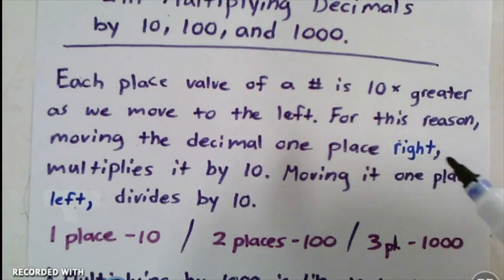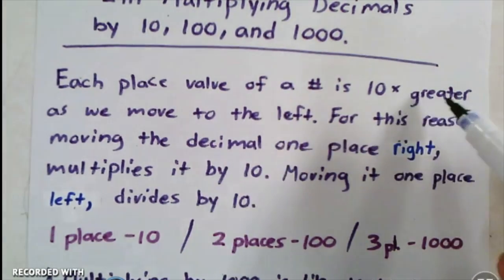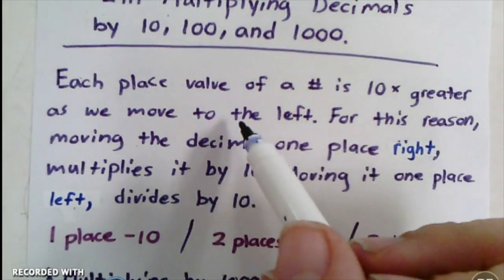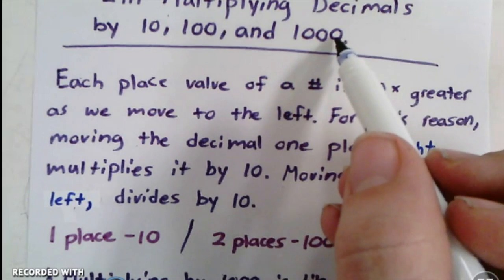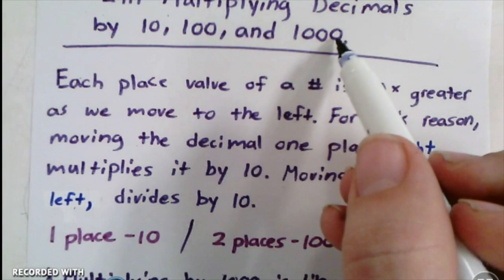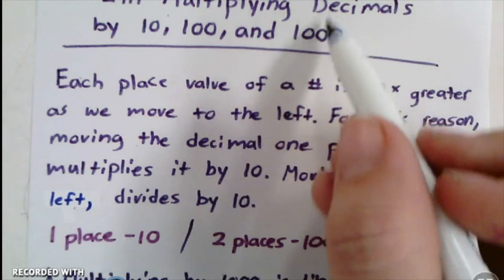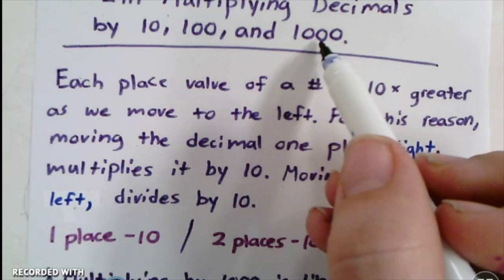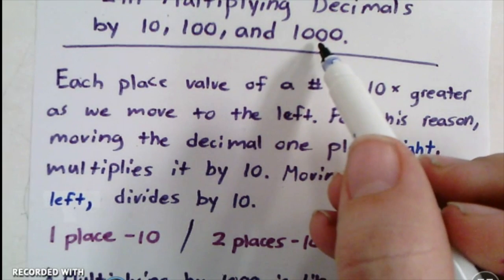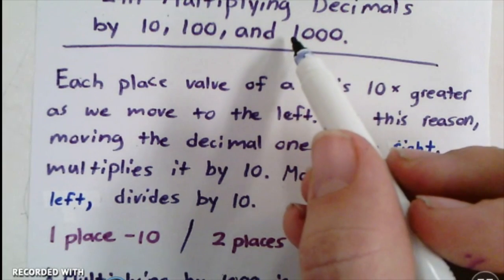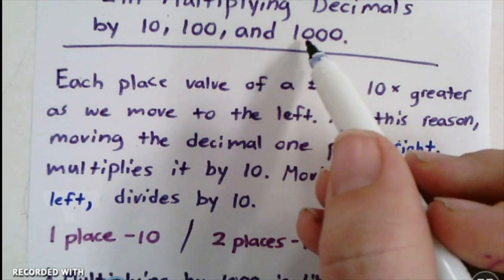Each place value of a number is 10 times greater as we move to the left. In other words, the tens is 10 times greater than the ones. The hundreds is 10 times greater than the tens. The thousands is 10 times greater than the hundreds.